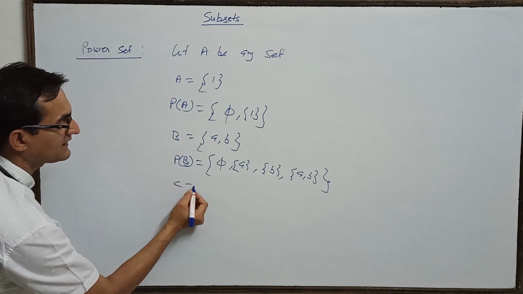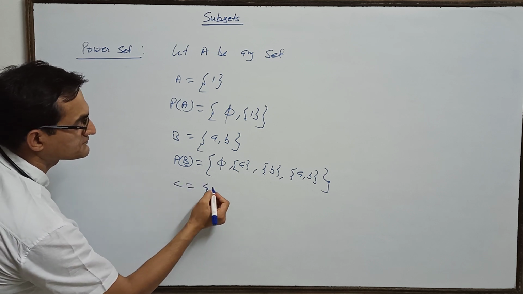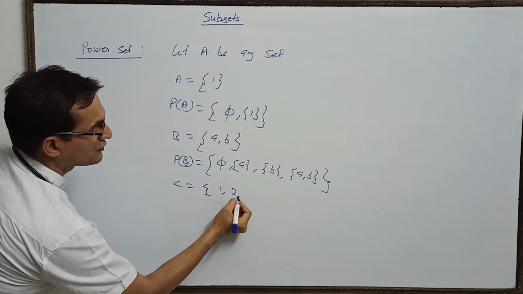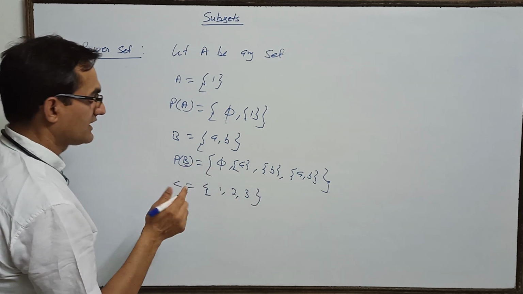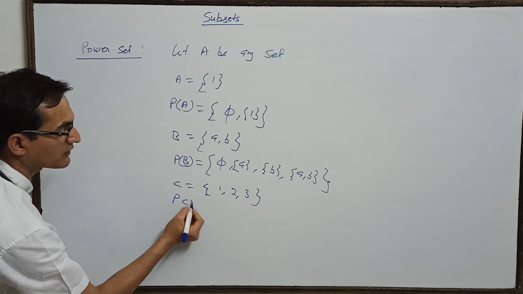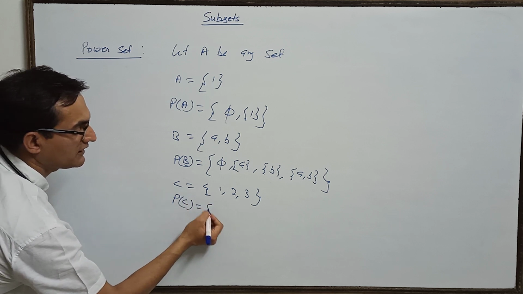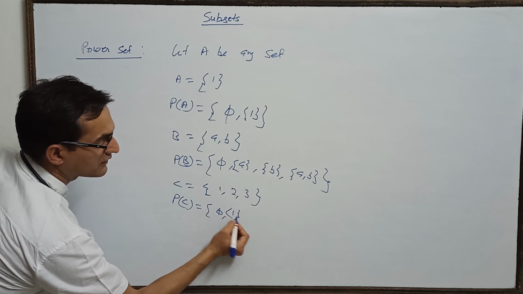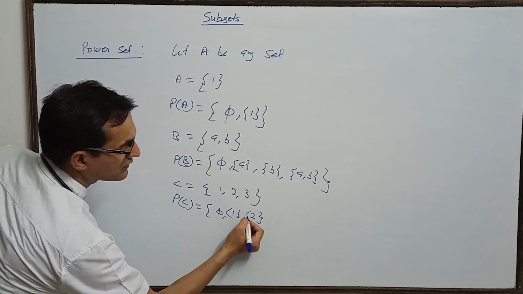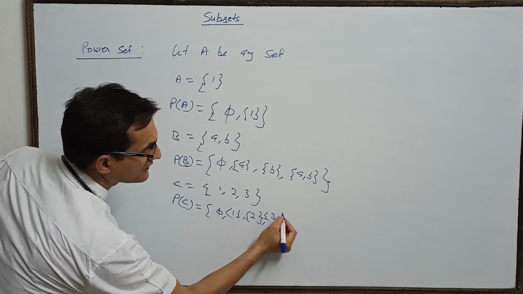Now, take one more example. Let C be a set having elements 1, 2, 3. It has 3 elements. Then the power set of C has how many? The null set. Then {1}, {2}, {3}.